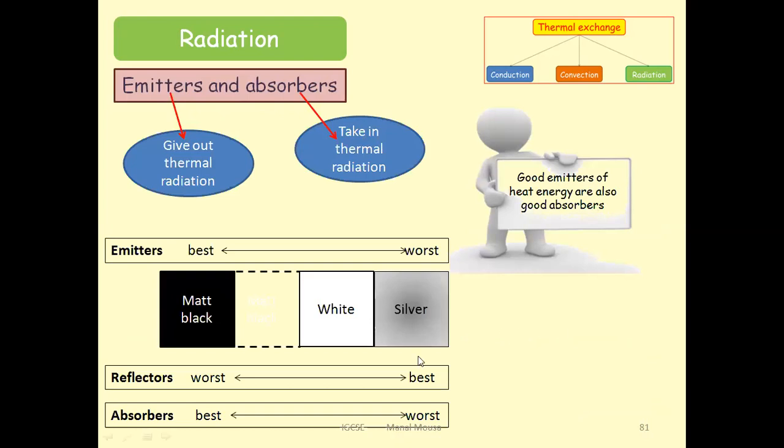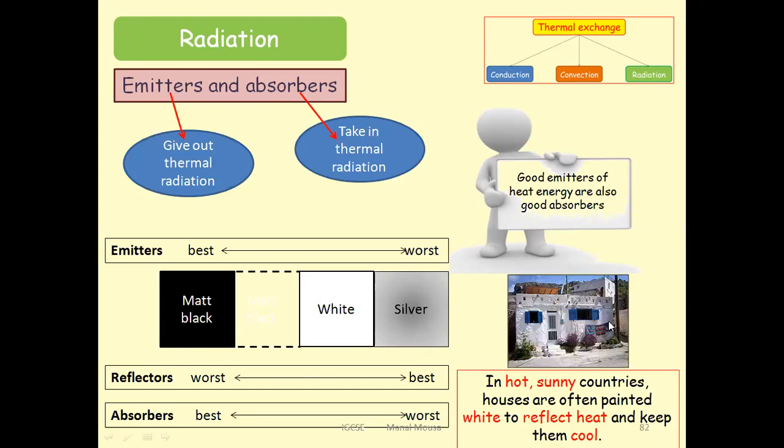Look at this chart. Now we have three surfaces: matte black, white, and silver. Usually matte black is best at emitting and absorbing radiation, while silver and white are bad and worst at emitting and absorbing radiation. Silver and white are the best reflectors of radiation.